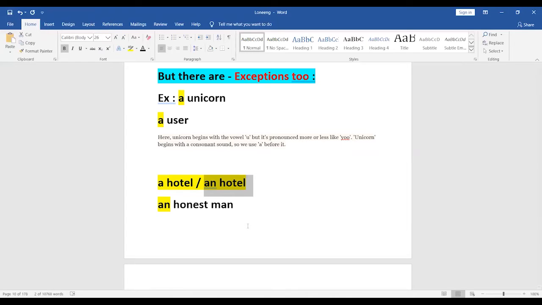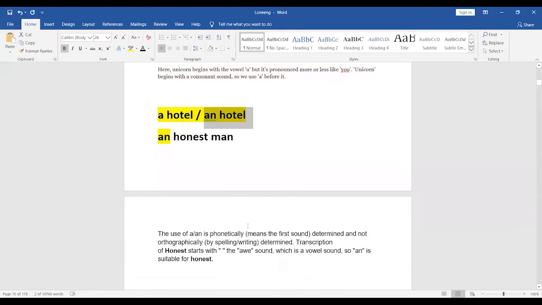Now take a look at the phrase an honest man. This particular word is also an exception. Why? I'll tell you that in a minute. Now take a look at this. An honest man. H is not a vowel in the English language. However, in the word honest the H is not pronounced. Okay, it's silent.